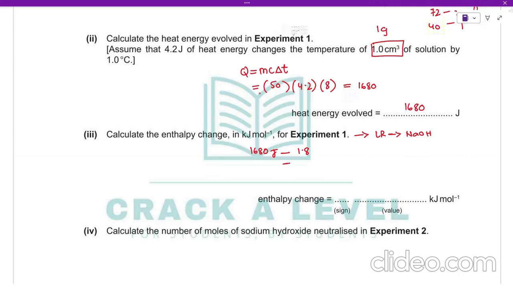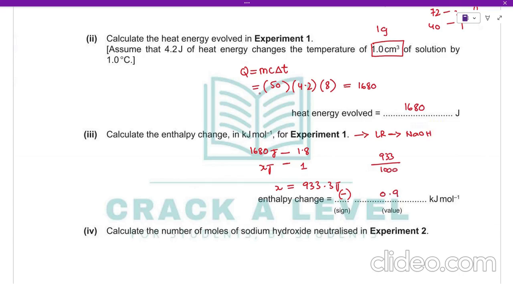As it is per mole, we are going to use 1 mole. So how much will be released by 1 mole? Let's check this out. So x will be equal to 1680 divided by 1.8. This will be 933.3 joule. As the temperature is raised, we are going to use minus to show the exothermic, and it will become 933 divided by 1000, so it will become 0.9 kilojoule.